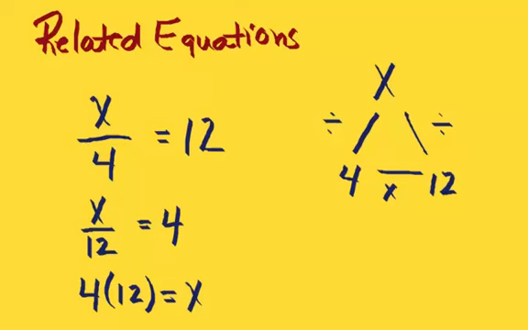Later on in our course this year, we're going to learn how to use inverse operations to solve these equations as well. But for now, this gives you a very good basis for inverse operations and solving more complicated equations later on.